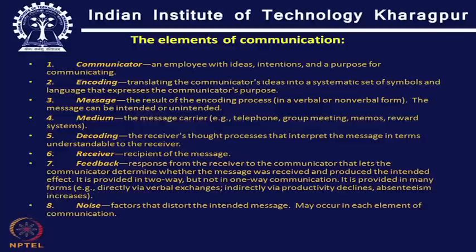This feedback can be given in various ways, like through verbal exchanges, or indirectly through attitudes and behaviors, like absenteeism increasing and productivity declining, when the message is understood in a different way.